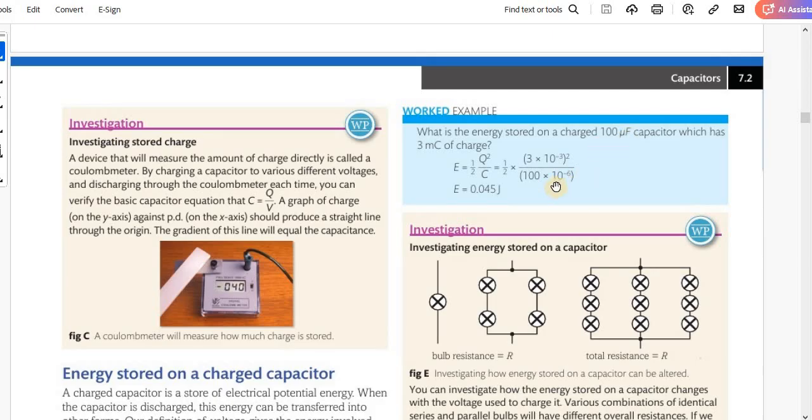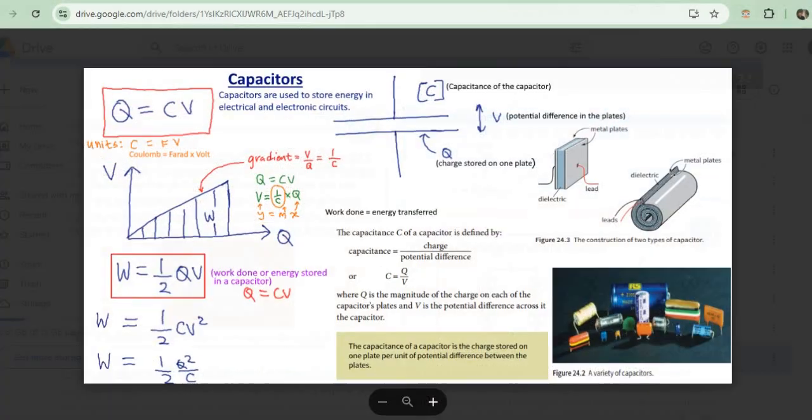Micro is 10 to the power minus 6. So substitute and you get the answer in joules, because you substituted everything in SI units without any metric prefixes. So this is the energy stored on the capacitor. Or we can say this was the energy supplied, or the work done on the capacitor, assuming there are no losses.